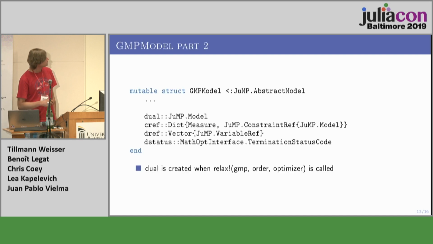Before I go on, I want to talk about the second half of my JuMP model. Inside my JuMP model, I have its dual, which is a JuMP model, and I have some bookkeeping which tells me how I find my measure in this dual model and how I find my constraints in the dual.